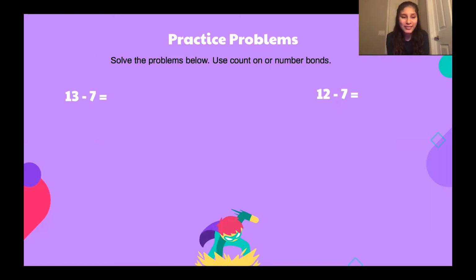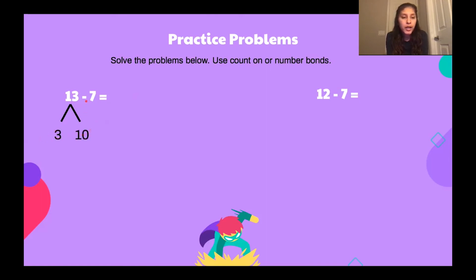Okay, ready? Now that you've had enough time to solve them and get your answer, let's do this together. So I'm going to do 13 minus 7 equals first. I'm going to do the number bond. I'm going to decompose this 13 because I know that 13 can be decomposed into 3 plus 10.